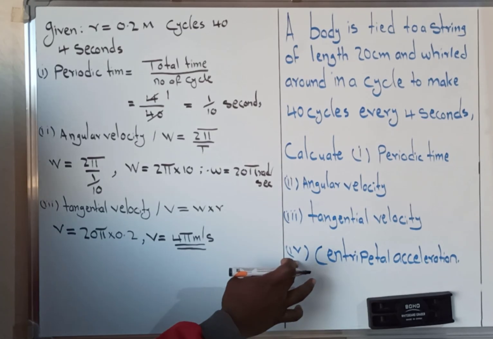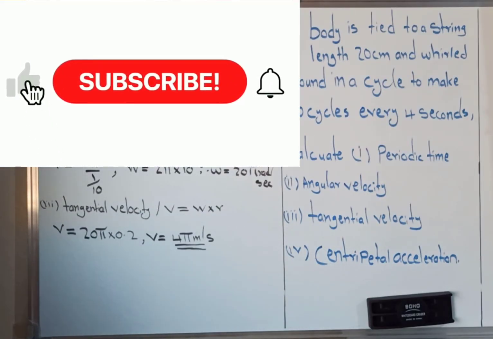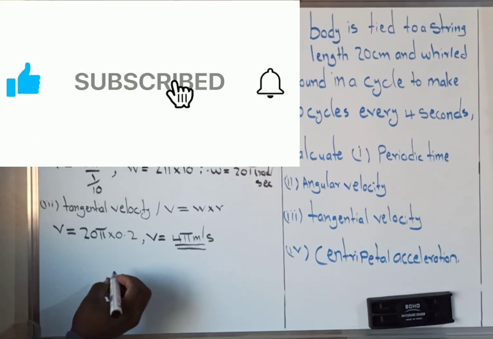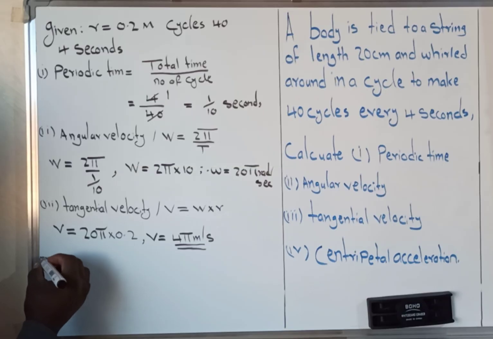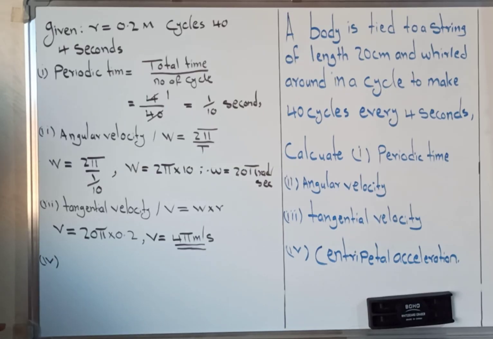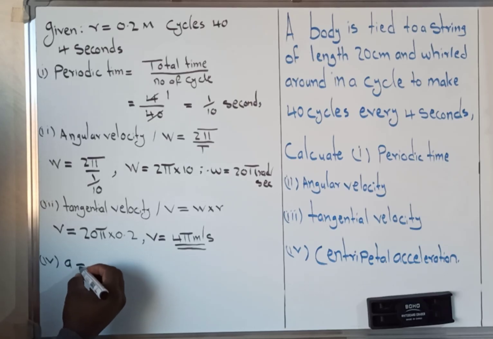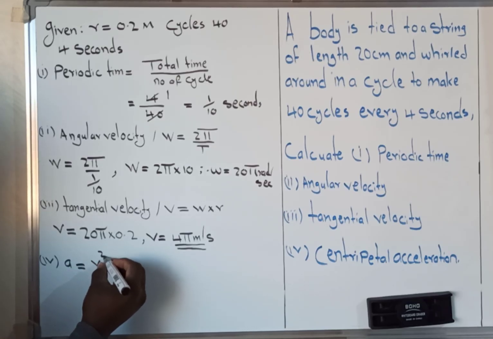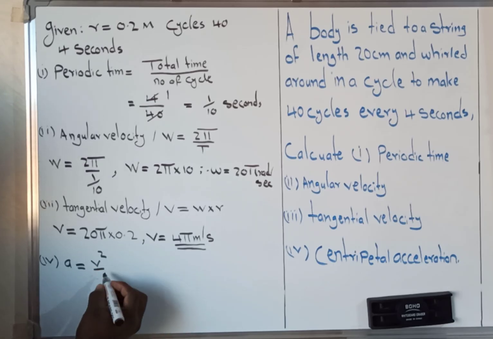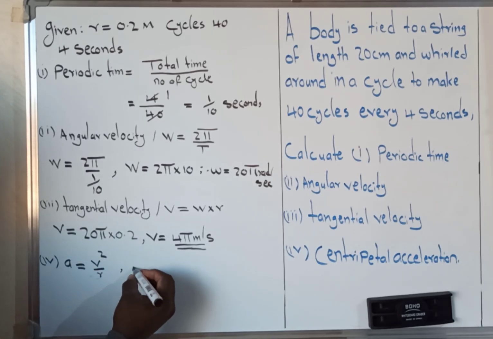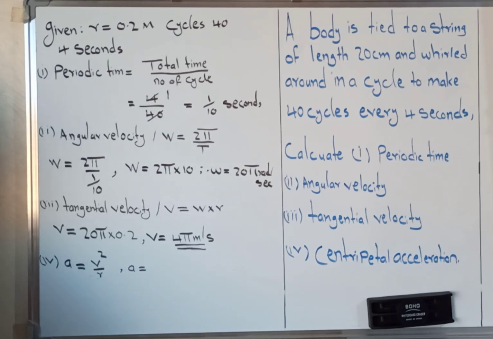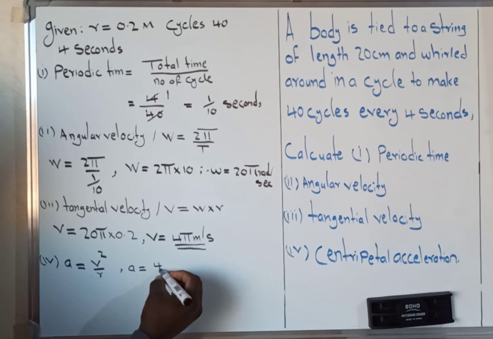So the next thing here is what we call centripetal acceleration. Let's say number 4, the fourth question. So we have centripetal acceleration, which is a equal to v squared over r. Pardon me for that, over r. Therefore, we have a equal to v, which is tangential velocity, which is 4 pi.